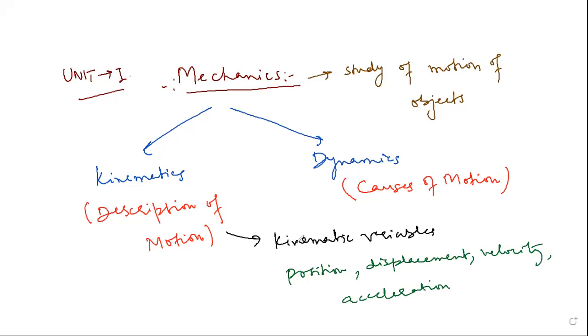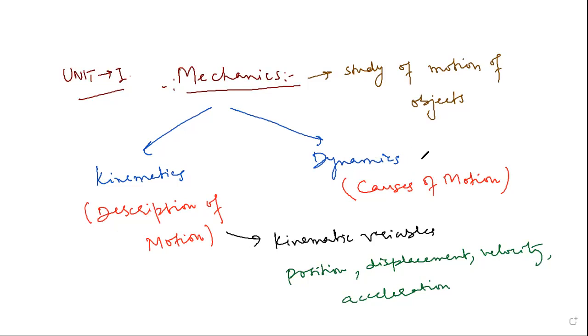You can have equations of motion for a particular motion, or you give description in terms of graphs. So description can be through graphs or through mathematical equations. But in both cases, your description will be in terms of these particular kinematic variables, right? Now in dynamics, on the other hand, we discuss causes of motion.